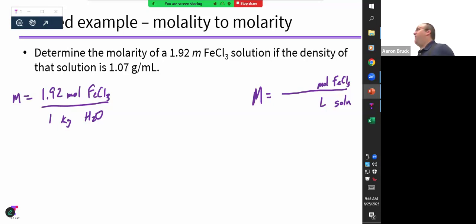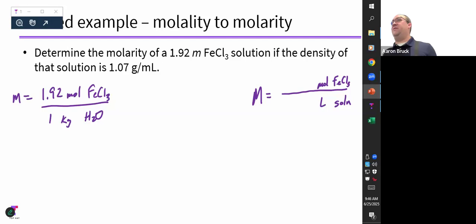So the process is going to look very similar to what we just did, but effectively the reverse.